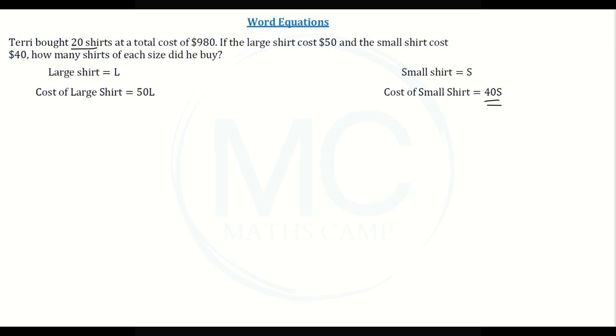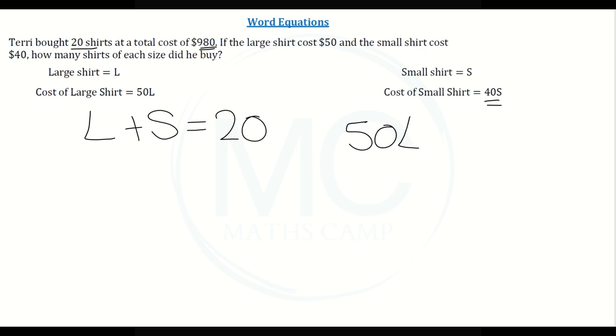So if we take all the large shirts and we add all the small shirts, we'll get a total of 20. The total cost of the shirts was $980. So $50 for every large shirt plus $40 for every small shirt gives us a total cost of $980.